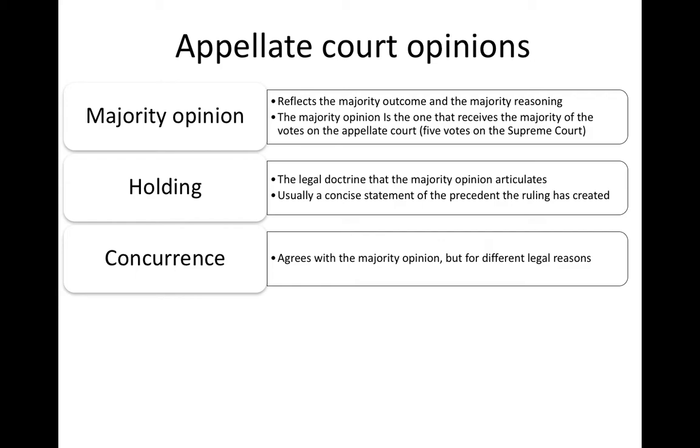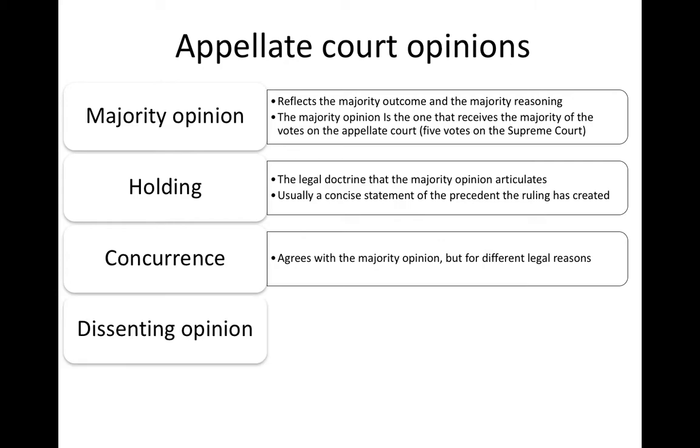So in this case, their vote would count as part of the majority, but for example, you may have a majority opinion in a Supreme Court case that reflects the legal reasoning of only 3 of the 5 justices who comprise the majority. And in that case, the remaining 2 justices who are part of the majority would submit concurring opinions either separately or together.